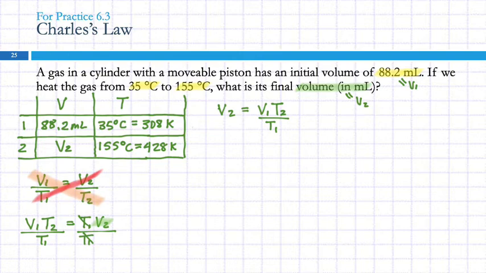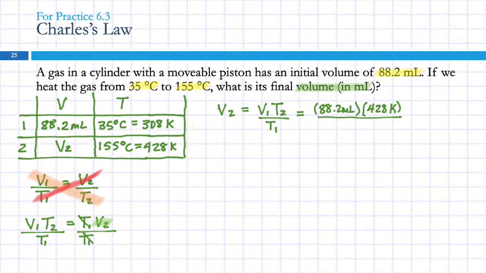So we're going to plug these numbers in. So volume 1, we just find it in the table, 88.2 milliliters. Always, always, always include the units. And then T2, but be careful, T2 is down here, it's 428 Kelvin.